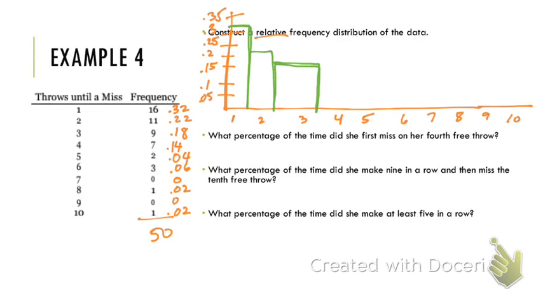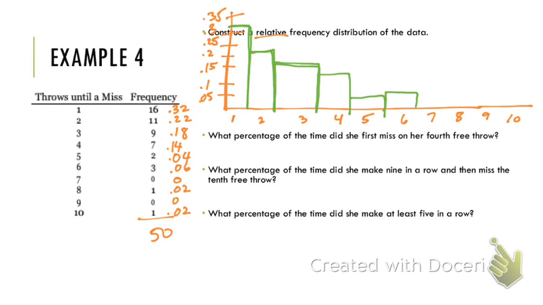It's not very evenly spread, sorry. 4 is 0.14. 0.04. 0.06. 0. 0.02. 0. 0.02. So it should look something like this. I got that, that's what I got.